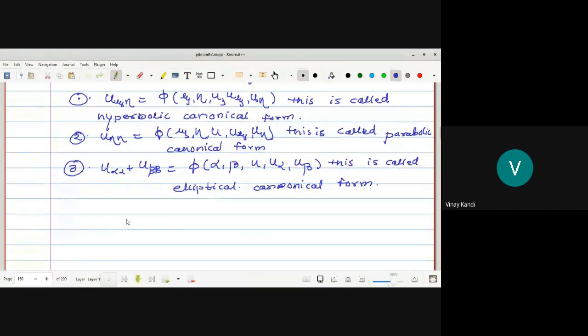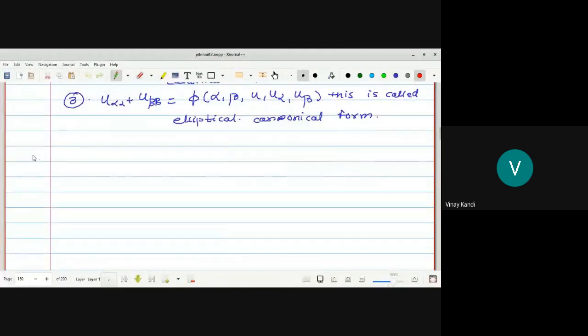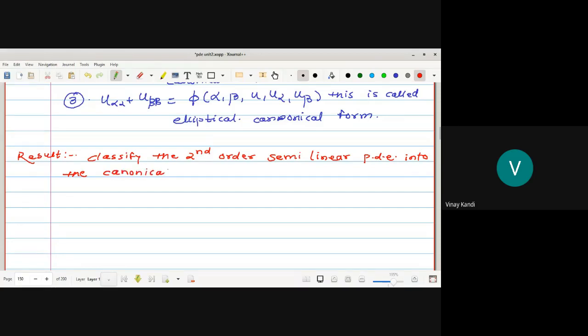Okay, look at here. The next result classifies the second order semi-linear partial differential equation into canonical form on the basis of s square minus 4rt greater than 0, s square minus 4rt less than 0, and s square minus 4rt equal to 0.